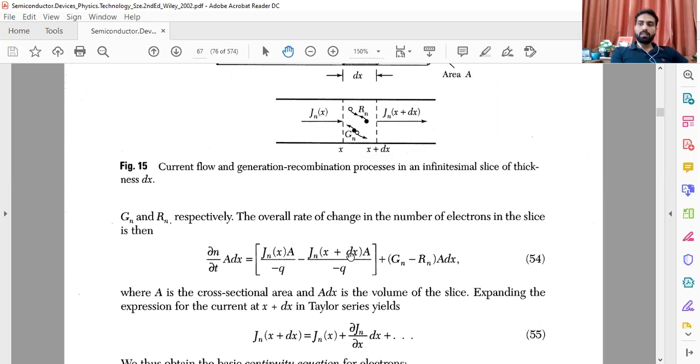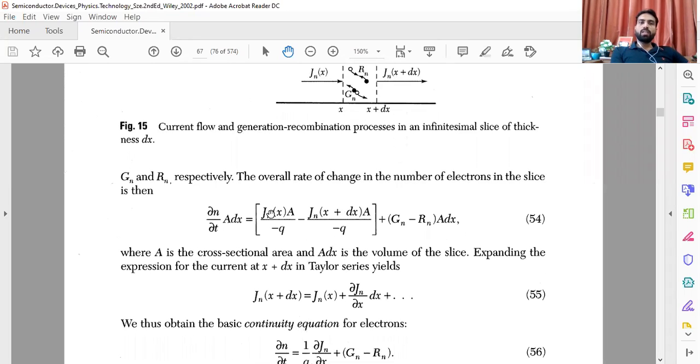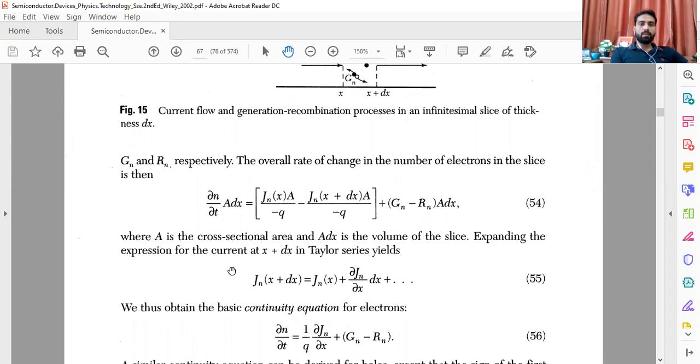Gn and Rn respectively give the overall rate of change in the number of electrons in the slice. So now we see del n, talking about this small differentiation. So del n upon del t times A dx equals Jn(x) A minus Jn(x plus dx) A, divided by q, plus Gn minus Rn. So what we talked about is basically the rate.